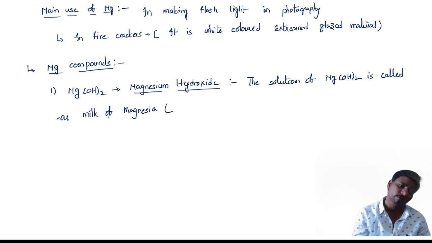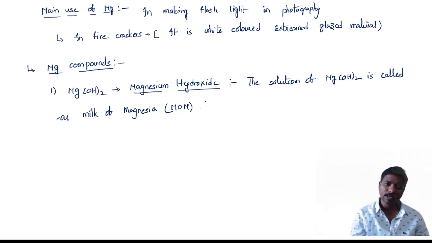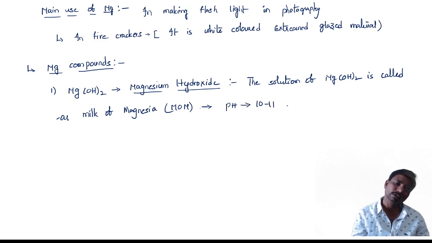That is MOM, milk of magnesia. So what is this milk of magnesia? It is a medium base, guys. Its pH is nearly 10 to 11. That means medium base.